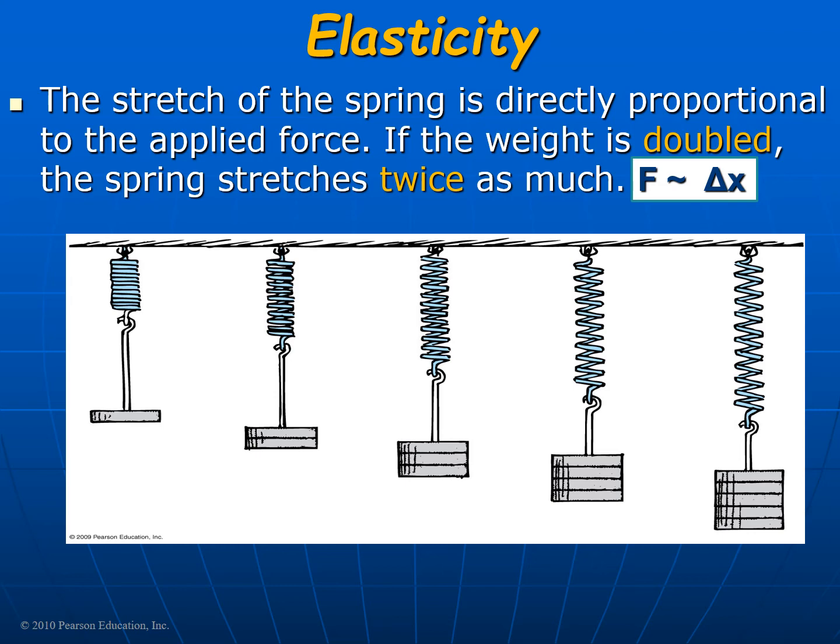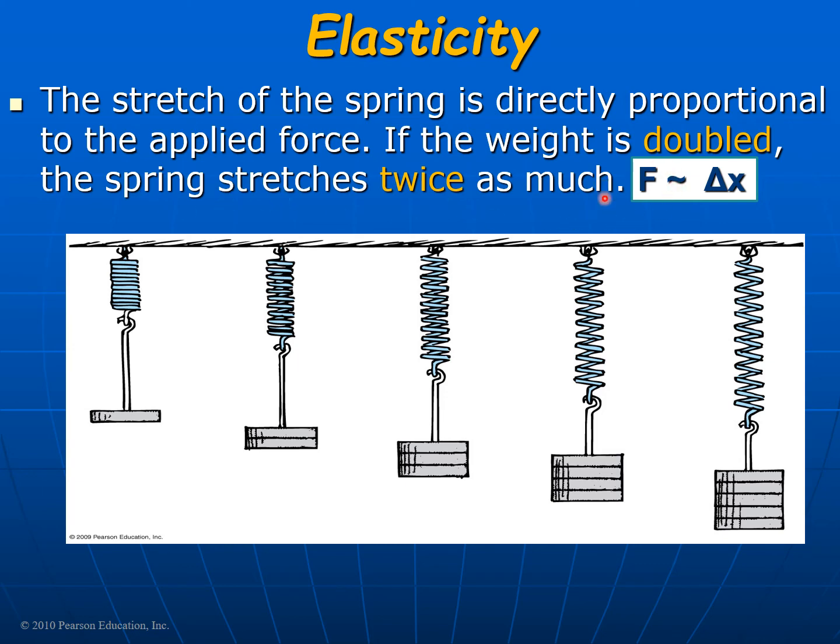For a material which has elasticity, if you stretch the spring, it will expand. And this expansion will be directly proportional to the applied force. So what happens if the weight is doubled? If the weight is doubled, the spring will stretch twice as much.